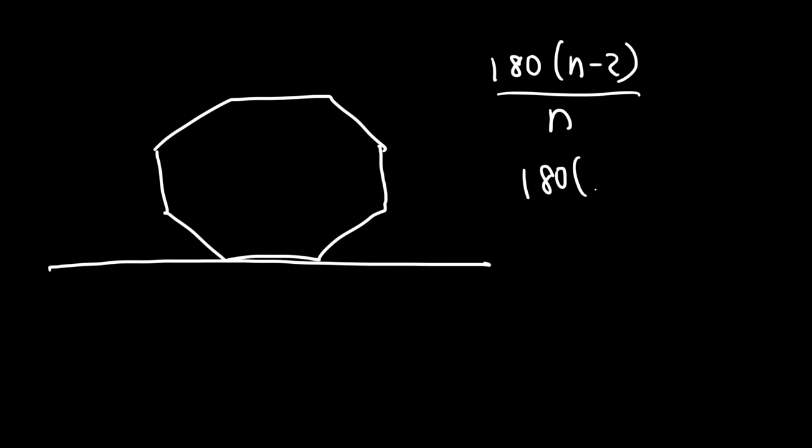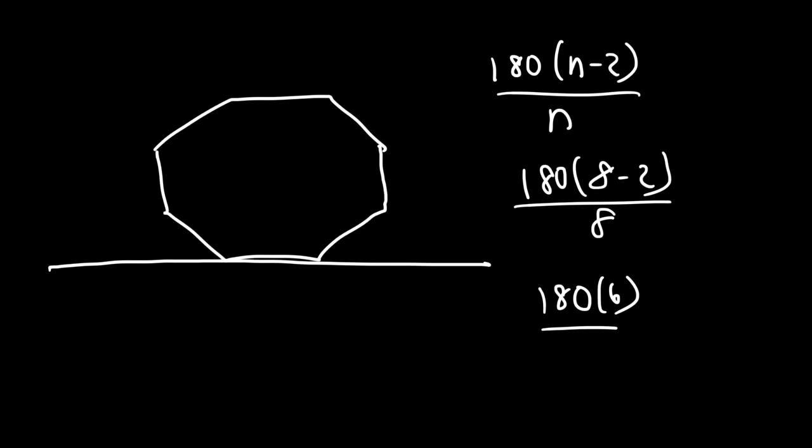So we have an 8-sided figure, and 8 minus 2 is 6. Now 180 times 6 is 1080. So that's the sum of all of the interior angles, and then we just got to divide that by 8. And so each interior angle should be 135 degrees.